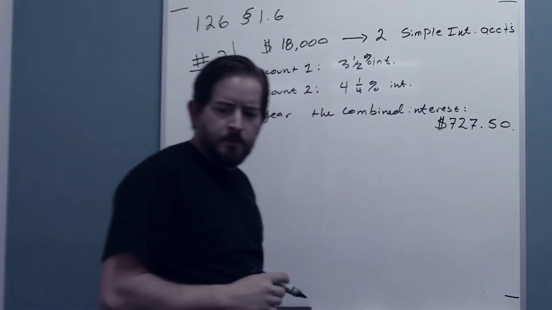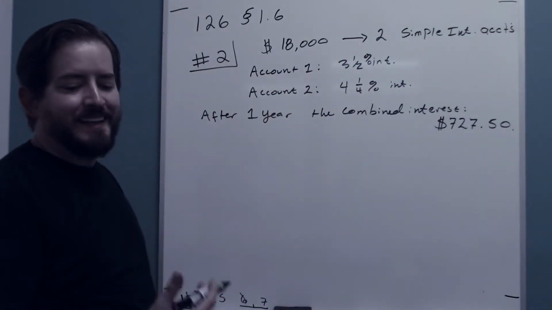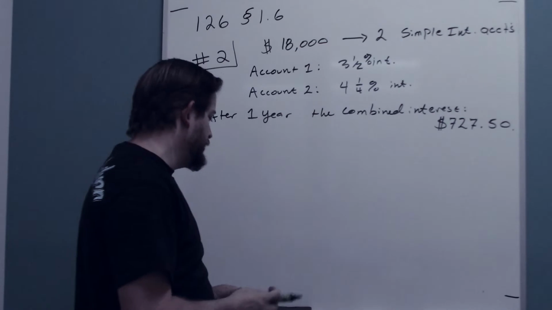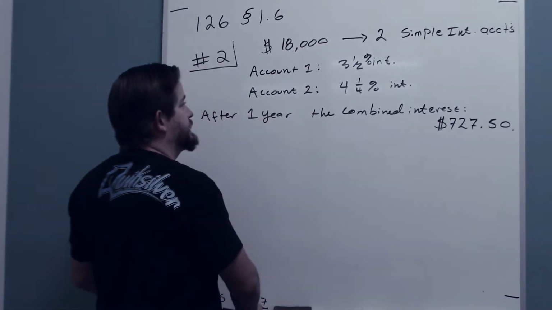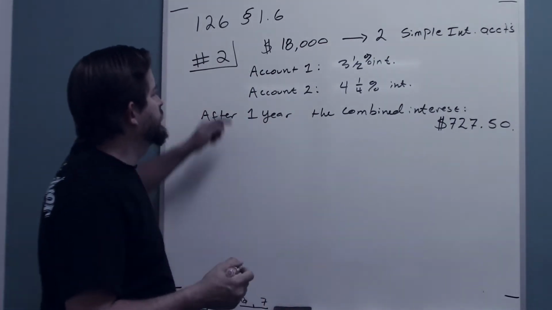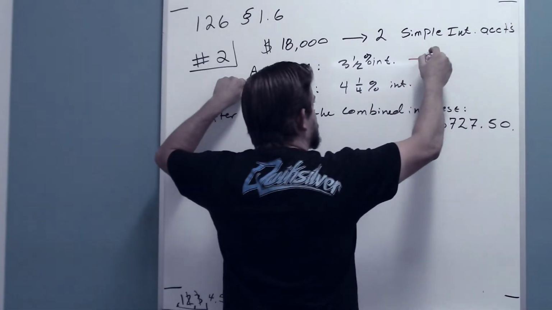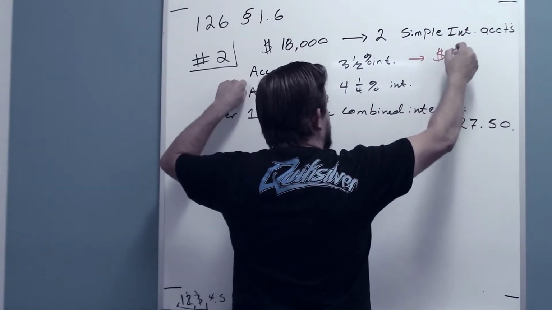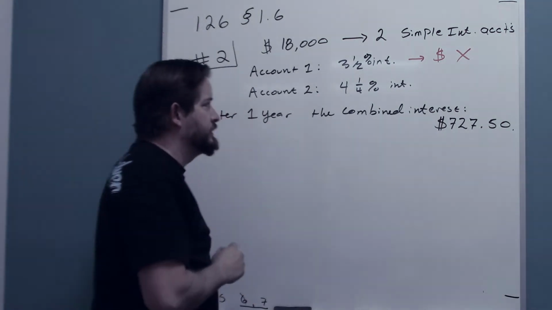How much money was invested at each rate? So we want to know how much money is in account 1, how much money is in account 2, right? So account 1, I'm just going to say there was X dollars put into account 1.